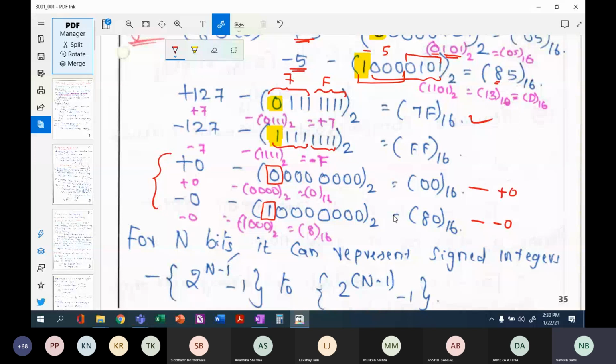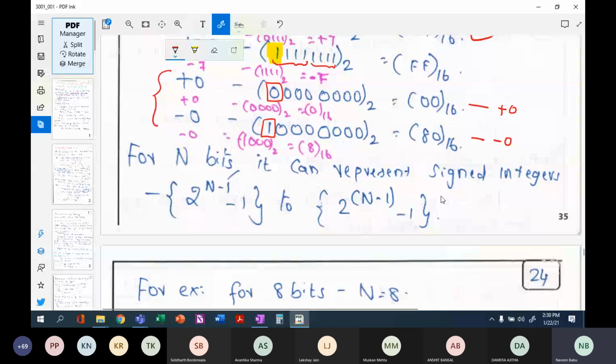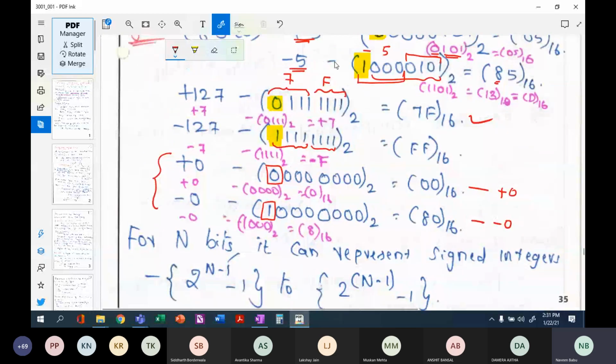In general, an n-bit number can be represented in terms of signed integers as minus 2 power n minus 1 plus 1 to 2 power n minus 1 minus 1. How did I get this? As an example, consider an 8-bit representation. What is the minimum value of 8-bit? 0 is the minimum value.